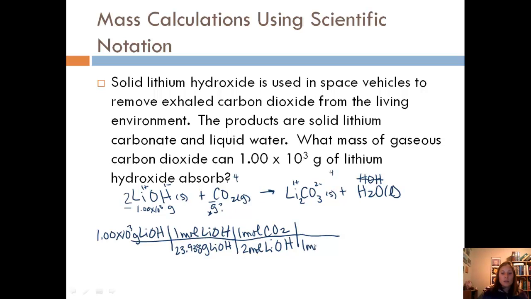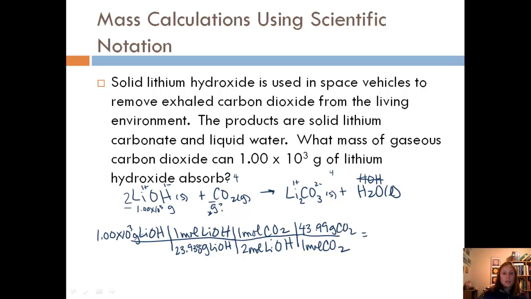So we're going to use the molar mass of carbon dioxide. So I know for every 1 mole of CO2, let's get its molar mass. Carbon is 12.01 plus 2 times oxygen's atomic mass, because there's 2 oxygens in CO2. And we get 43.99 grams.